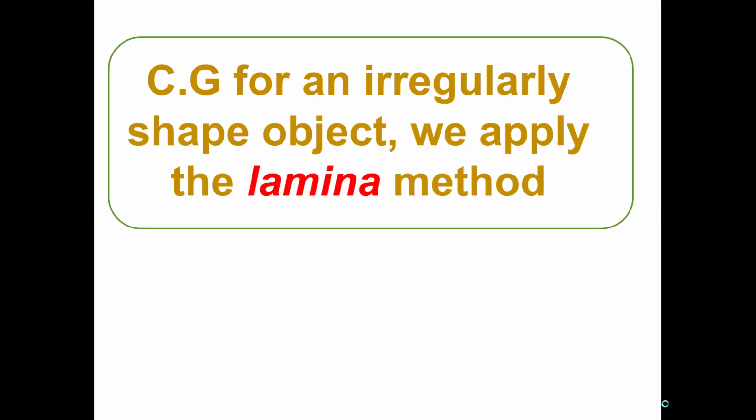Now, we move to our next concept. When we are dealing with an irregular shape object, like any random shape, then we apply a method which is called the lamina method.